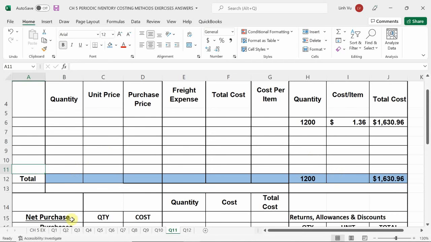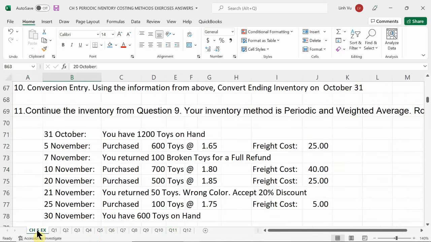Okay. So now that we have that, next thing we have here is November 5th. We end up purchasing 600 toys at $1.65 with a freight of $25.